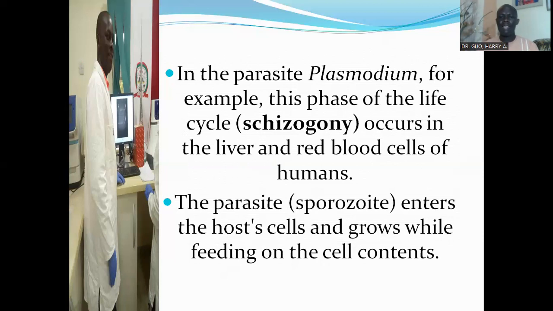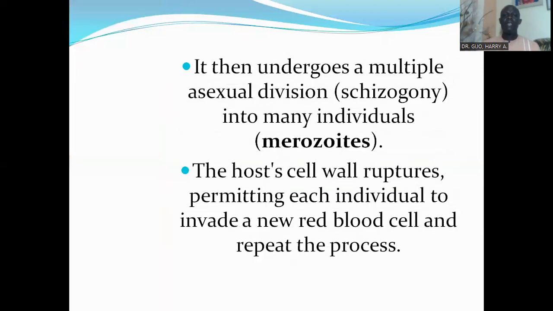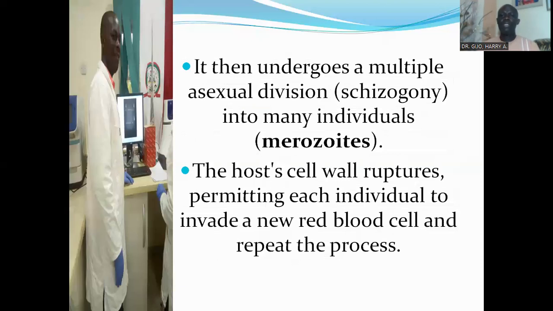The parasite, the sporozoite, enters the host cells and grows while feeding on the cell contents. It then undergoes multiple asexual reproduction, schizogony, dividing into many individuals that are called the merozoites.